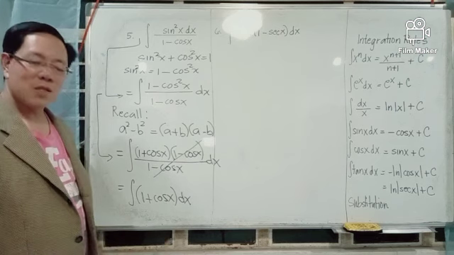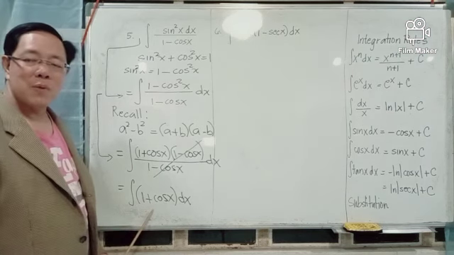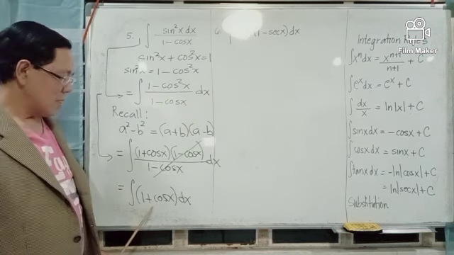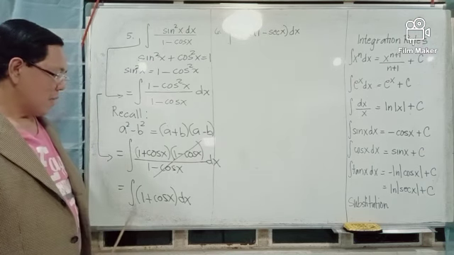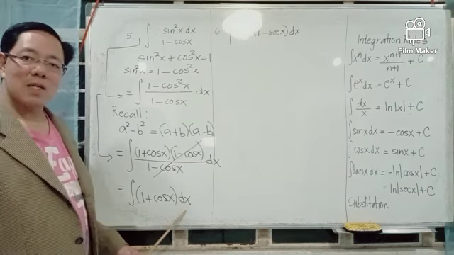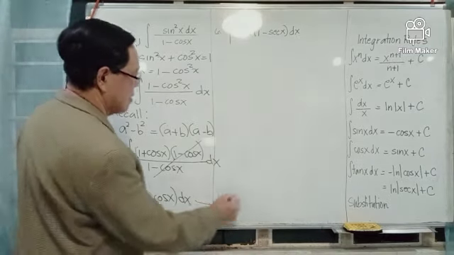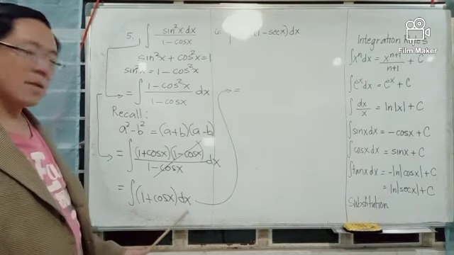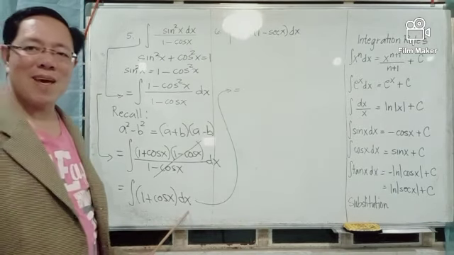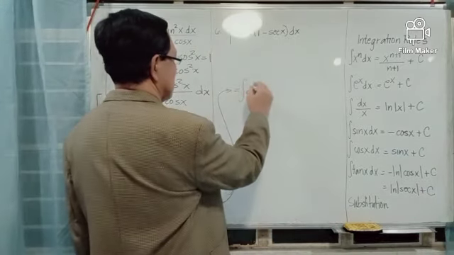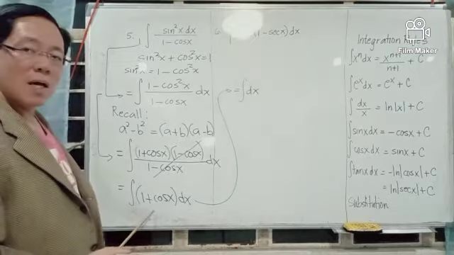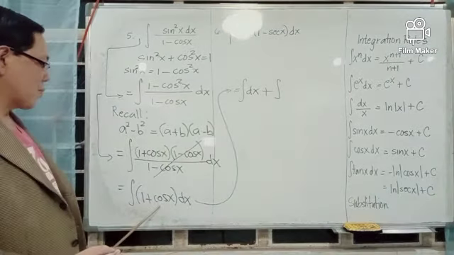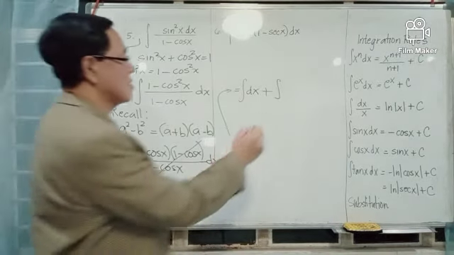And we apply the integration rule for the integral of a sum of two functions that says the integral of a sum of two functions is equal to the sum of the integrals of the functions. Hence, the integral of 1 plus cosine x with respect to x is equal to the integral of 1 multiplied by dx, or integral of dx, plus the integral of cosine x multiplied by dx.